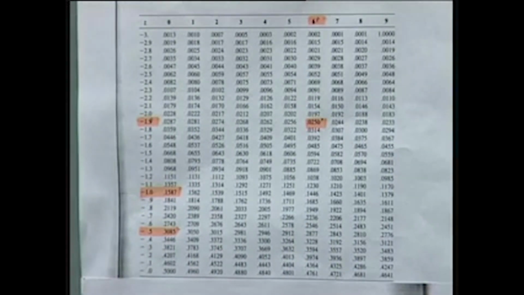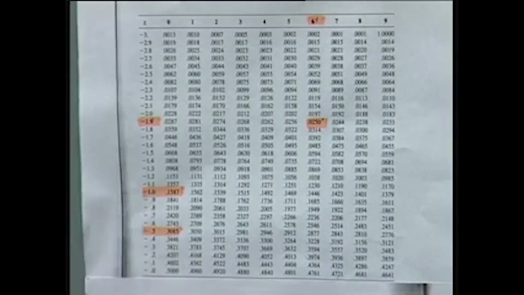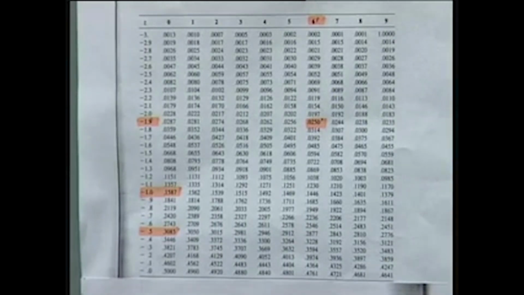We need the value of F of minus 1.0. So what we see in the corresponding values here is 0.1587. So 0.1587 is the value of F of minus 1.0.